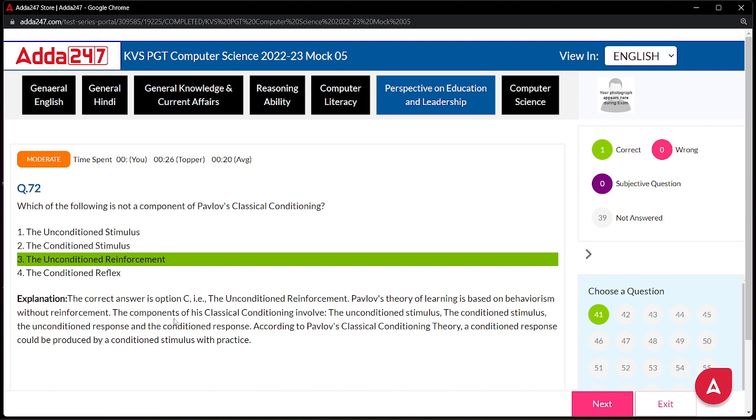Here you can see the components: classical conditioning involves the unconditional stimulus, the conditional stimulus, the unconditional response, and the conditional response. According to Pavlov's classical conditioning theory, a conditional response could be produced by a conditional stimulus with practice. So Pavlov is basically behaviorism without reinforcement theory.